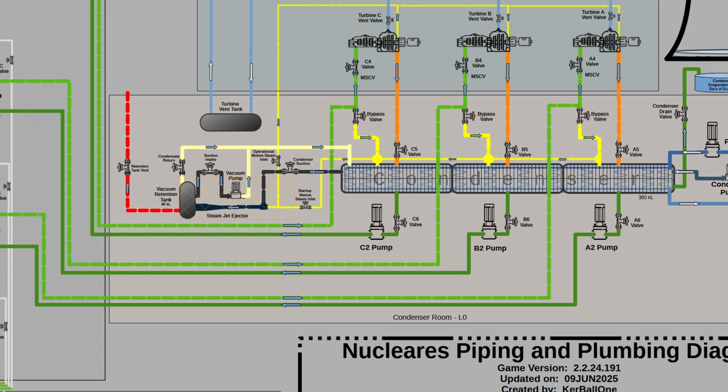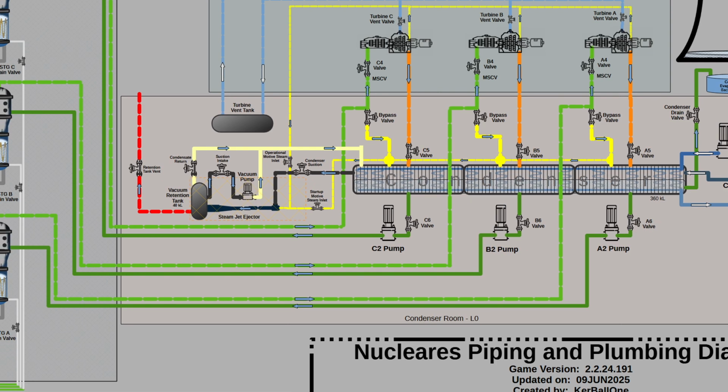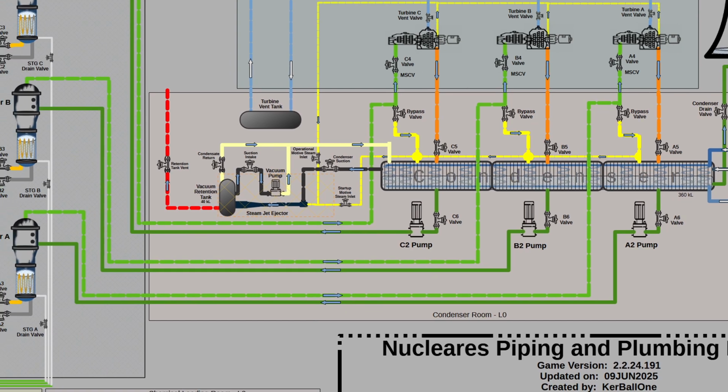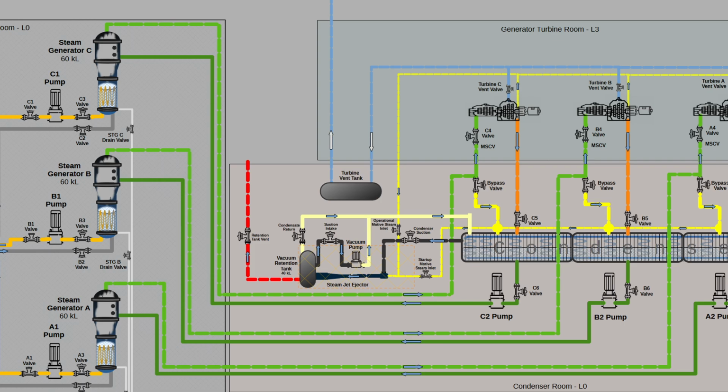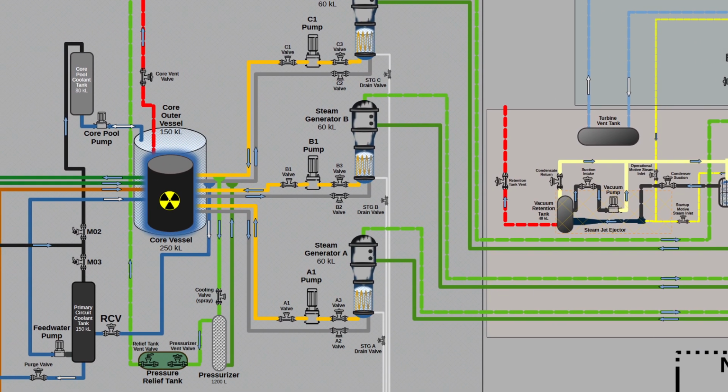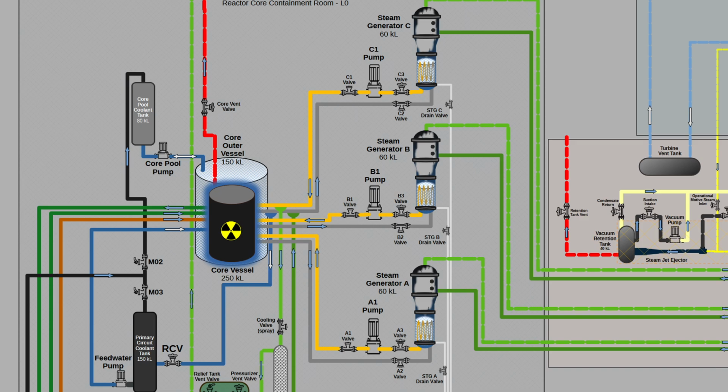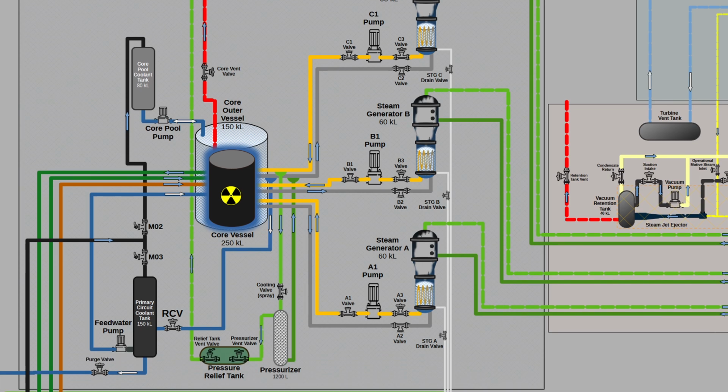If it's only the one loop, then it would go through the C6 valve and the C2 pump, which comes out and travels all the way up into the steam generator, which then in turn obviously comes out, goes through a C3 valve, a C1 pump and a C1 valve, which then goes into the core vessel itself.